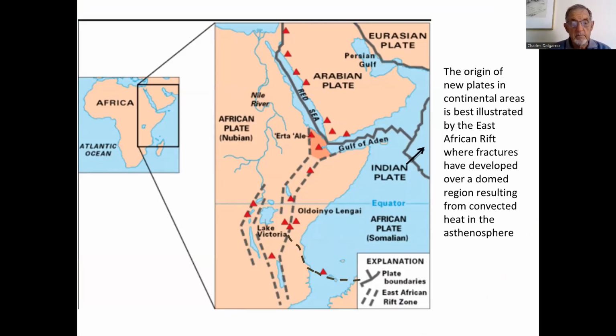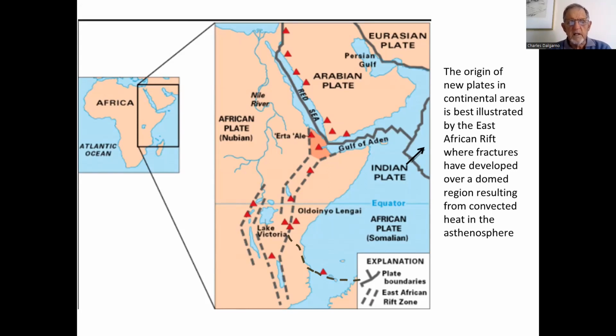The Somali Plate is breaking away from the Nubian African Plate along the series of rifts that straddle Lake Victoria and go up to the triple point at the Gulf of Aden and the Red Sea boundary. There's other indications of a boundary cutting across to Madagascar from Tanzania.